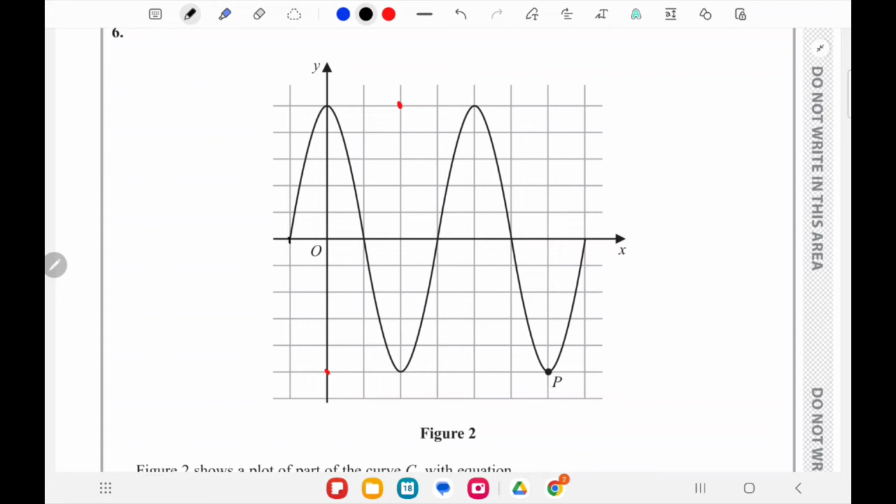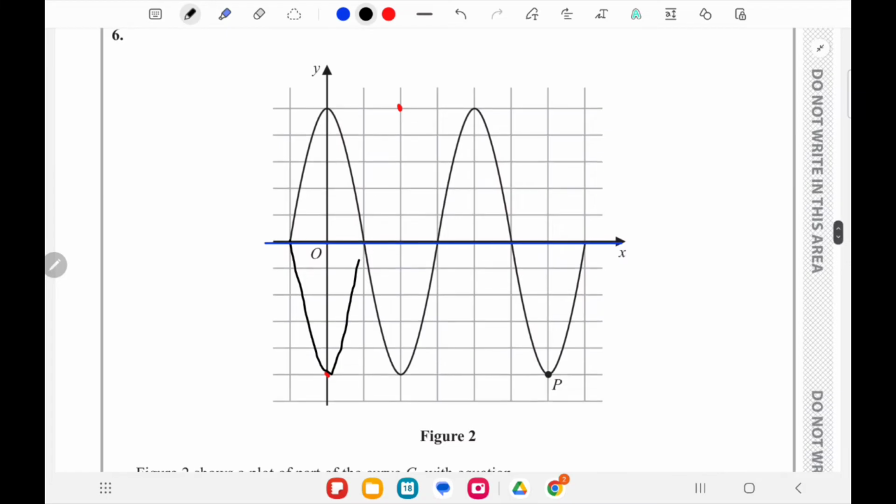So basically almost like a mirror image. It will be a mirror image of this. The x-axis will act like a mirror. So this is the first positive maximum, and it occurs at, this is 90, this is 180. So 180, 5.